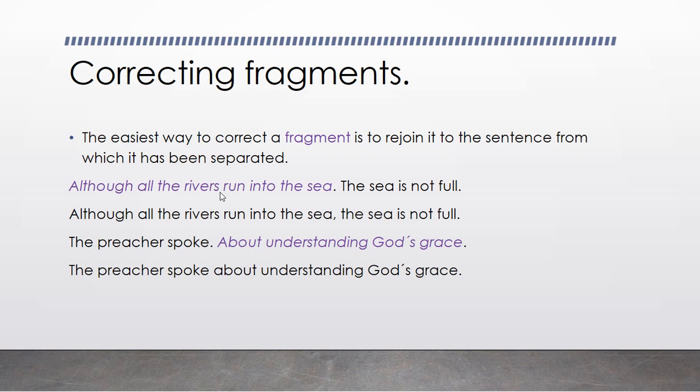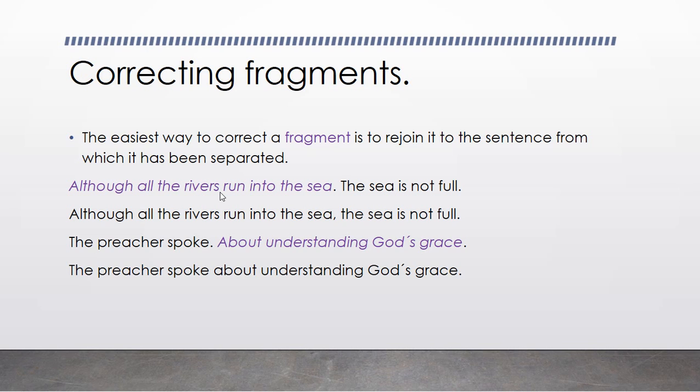But now, what are we going to do in order to correct these fragments? There is one easy way to do it, and it is the easiest way to correct the fragment. And it is just rejoining it to the sentence from which it was taken.